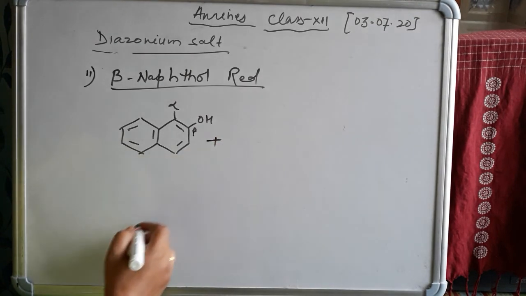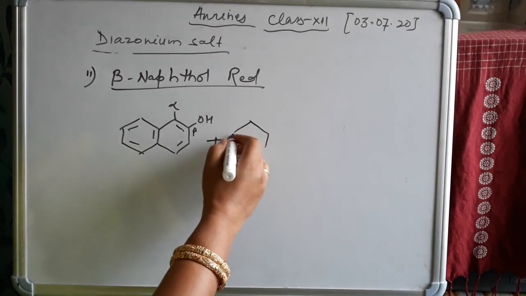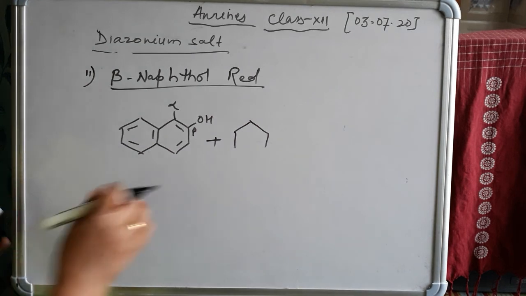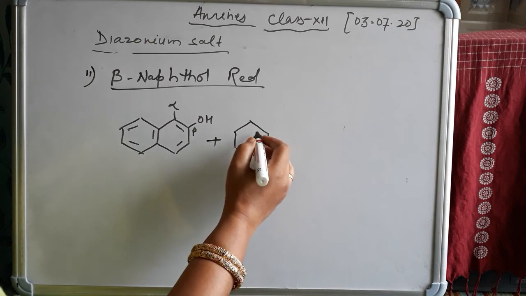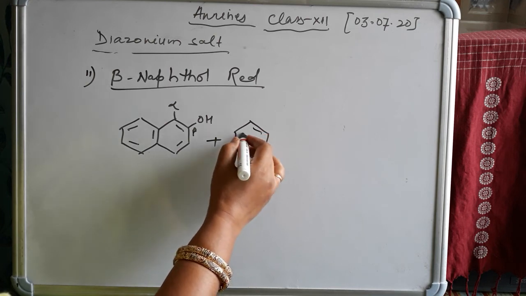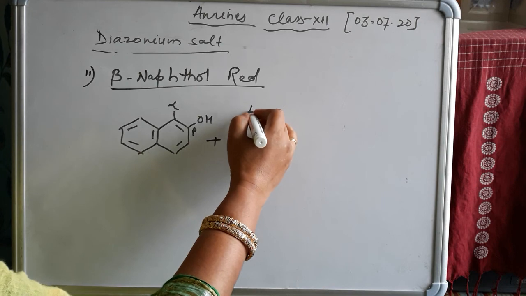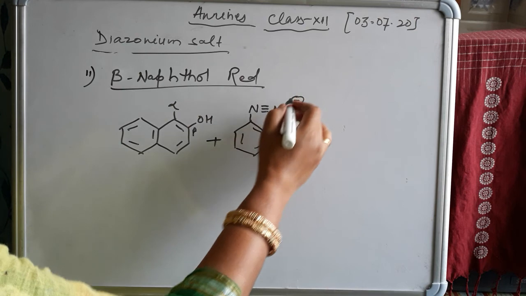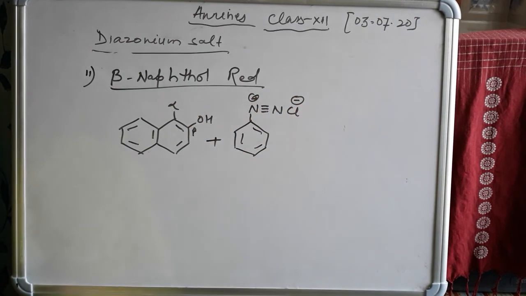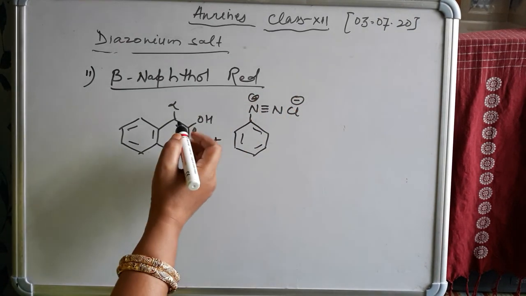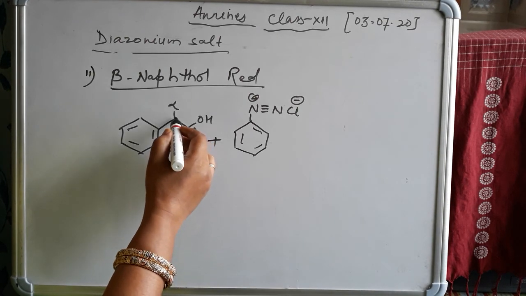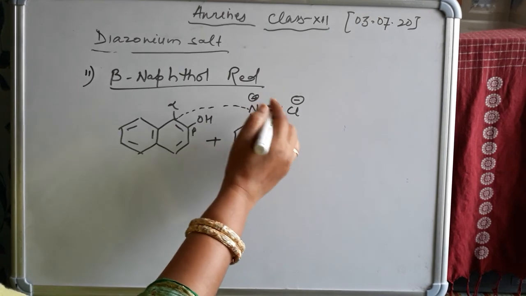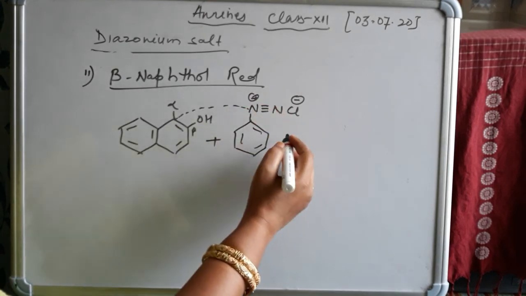So when beta naphthol is treated with diazonium salt, with triple bond and Cl minus and here the positive charge, connection of this carbon and this nitrogen takes place, and the bond shifts towards this.